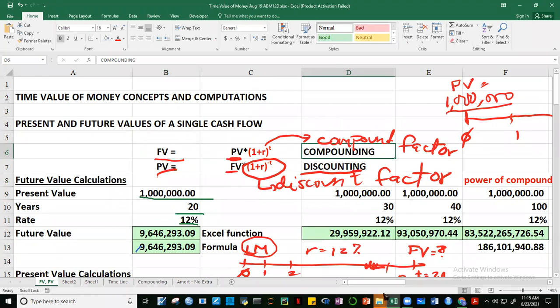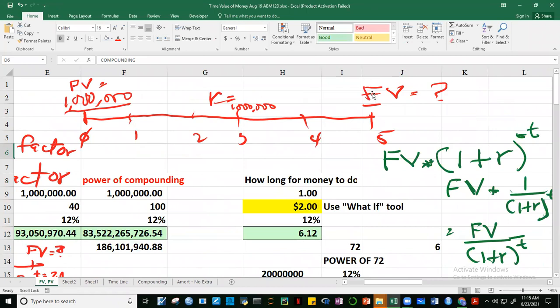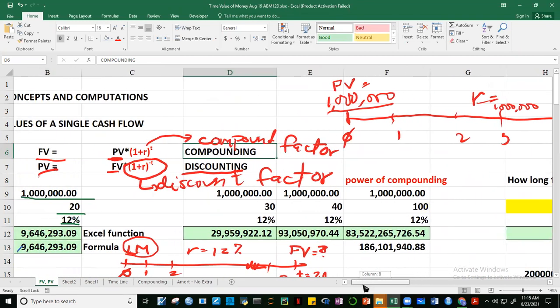On the other hand, pag binigyan tayo ng future value, and we'd like to know how much is the equivalent value now, the process of getting the present value given a future value is called discounting.